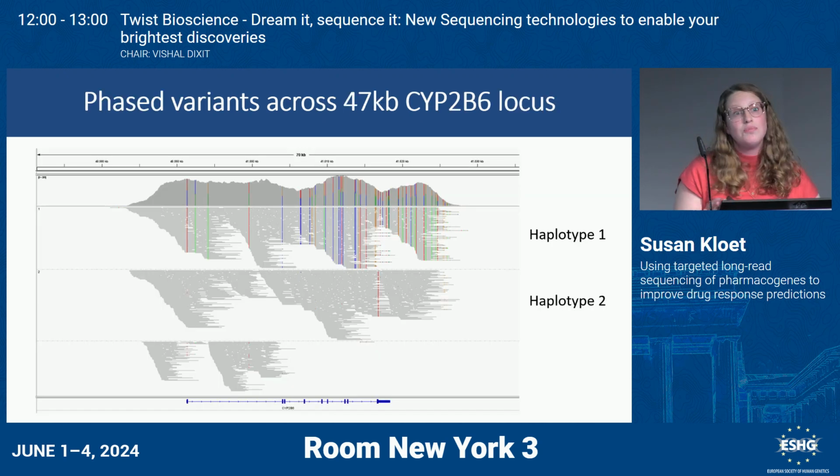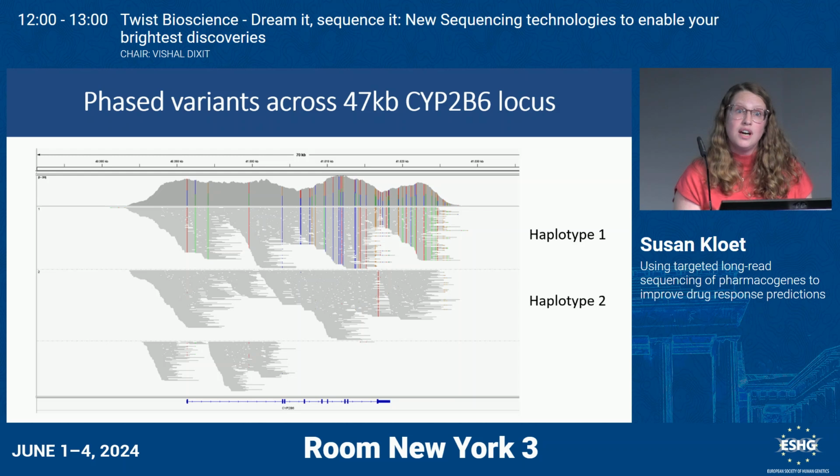So I wanted to give you an impression of what the data look like. Here I've included an IGV screenshot of the CYP2B6 locus. This is a 47 kb long gene, and we've also included the up and downstream regions, which you can see in the coverage plot here. You can see that we can very nicely phase almost all of the PacBio reads into one of two haplotypes.